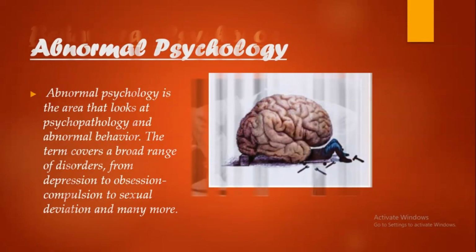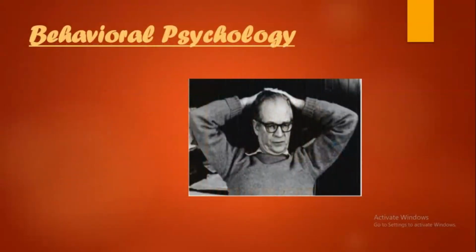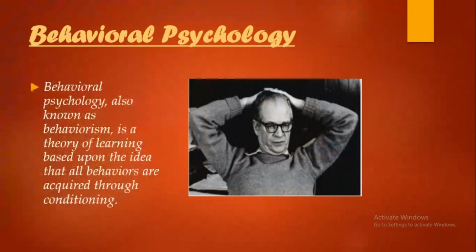Now let's see what behavioral psychology is. As the name indicates, this branch of psychology specifically deals with the behaviors of a person, either positive or negative in nature. But what is the main aim and objective of this branch?